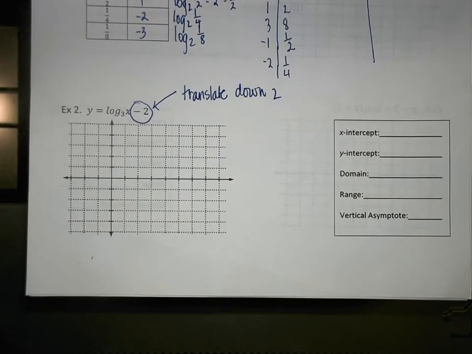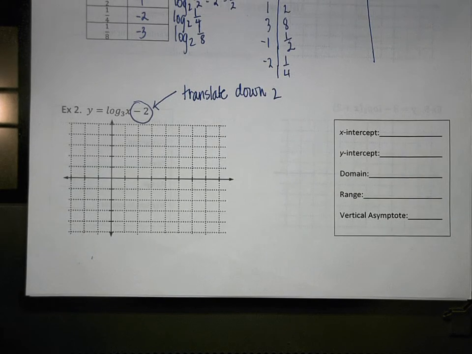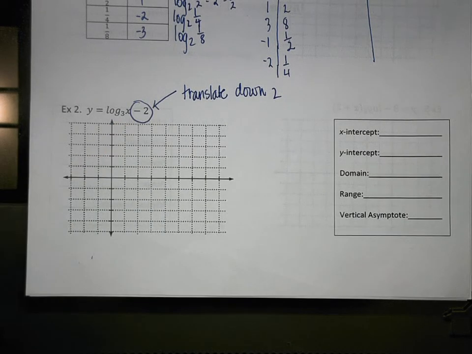Now, if we go back to thinking about exponential functions, any exponential function, like if I took 2 to the 0 power, I get what value? 1. If I take 3 to the 0 power, I get 1. If I take 10 to the 0 power, I get 1. So guess what?